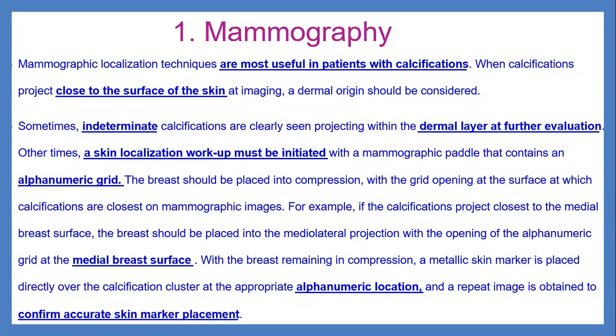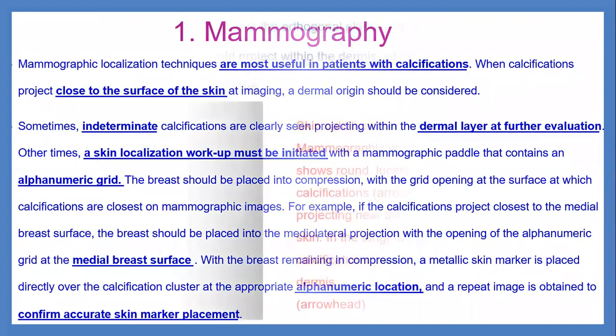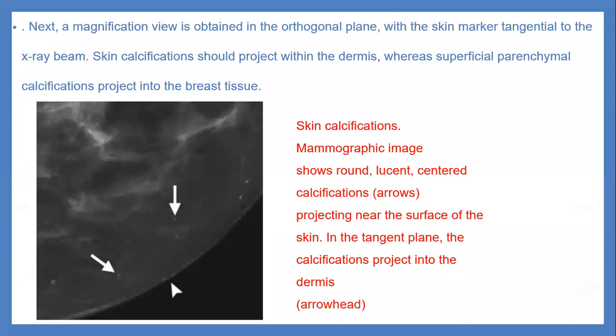But they are using certain techniques and specific alphanumeric grids, putting markers in certain areas, when it looks medial, put it on the medial aspect or the reverse, to look at the calcifications or dermal lesions exactly, whether it is parenchymal or related to the skin.